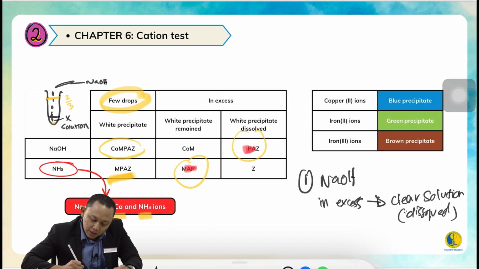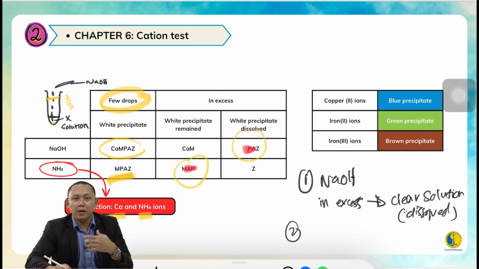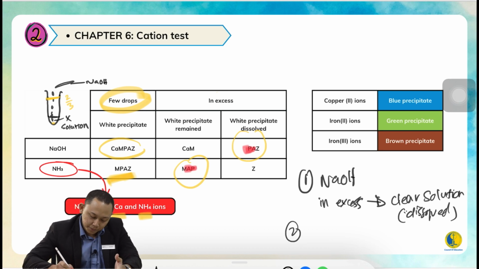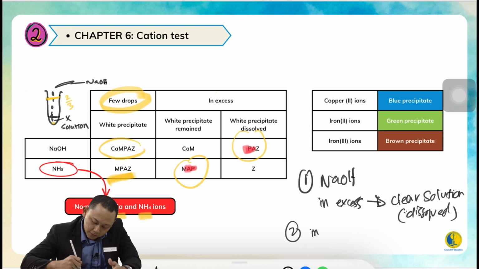Secondly, you use ammonia solution. When you use NH3 in excess, there is a white precipitate that remains.